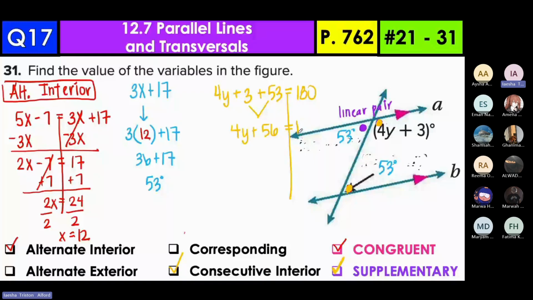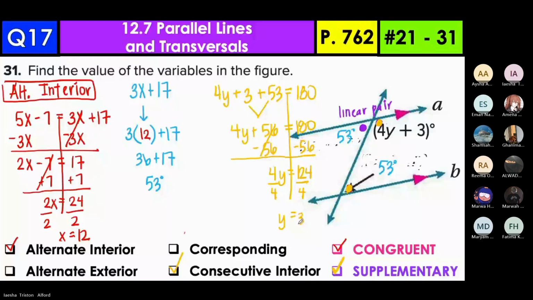Subtract 56 both sides. This is 0. 4y is equal to 124. Divide 4, divide 4. Y is equal to 31.